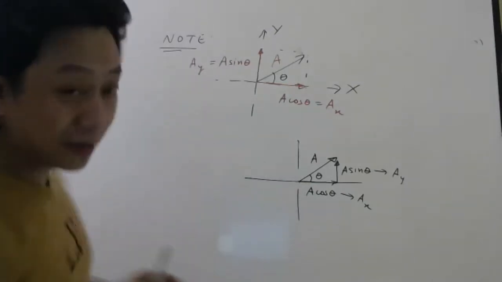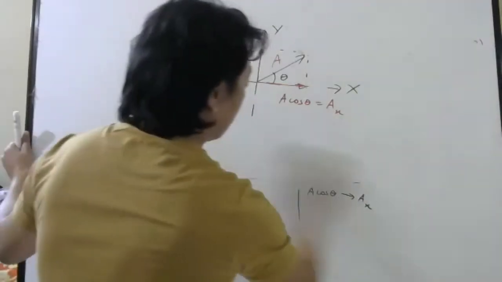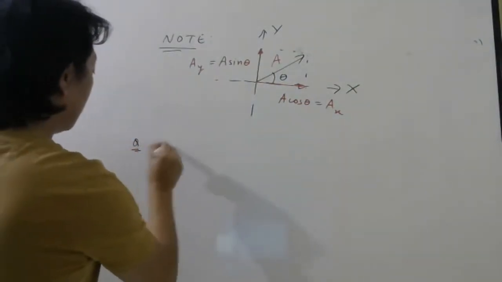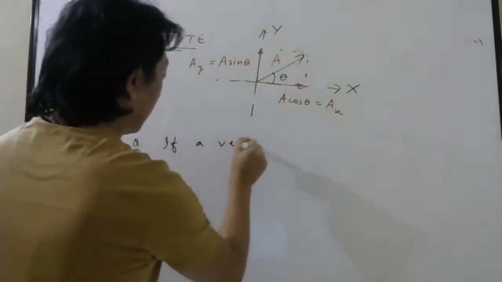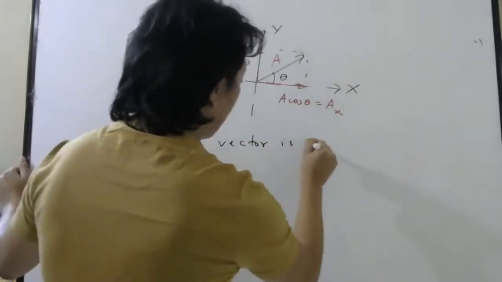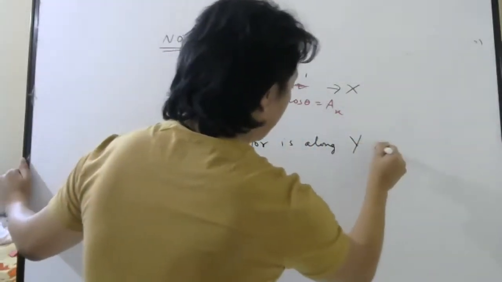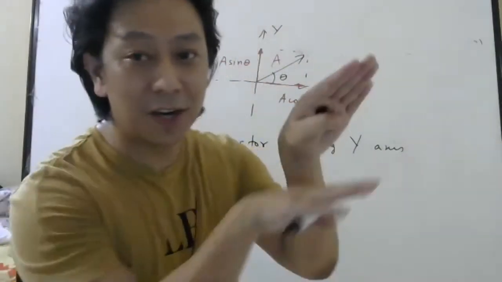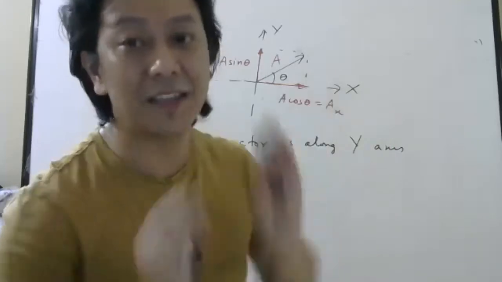Okay. Now answer this question for 1 mark. Listen carefully. If a vector is along the y-axis, this time the vector is not making some angle theta.